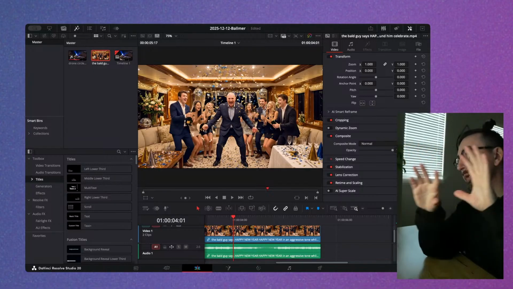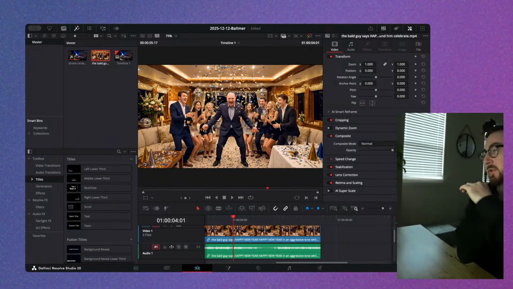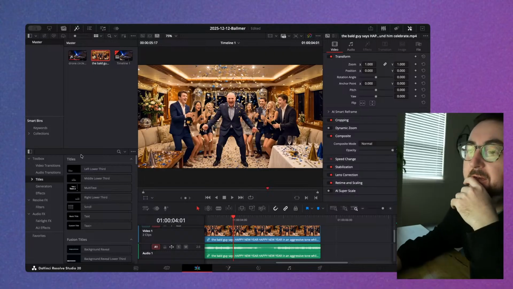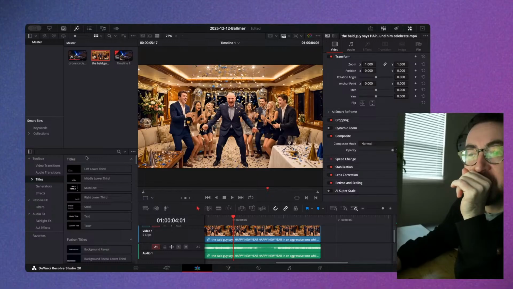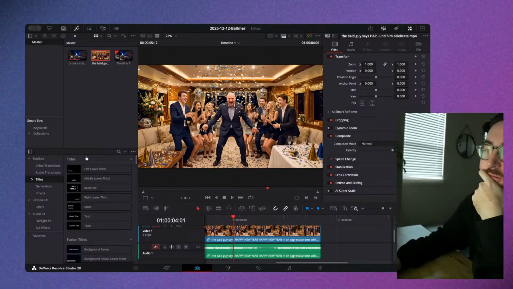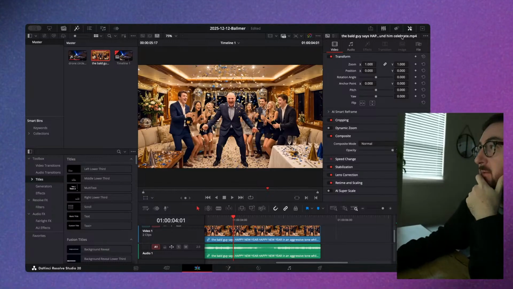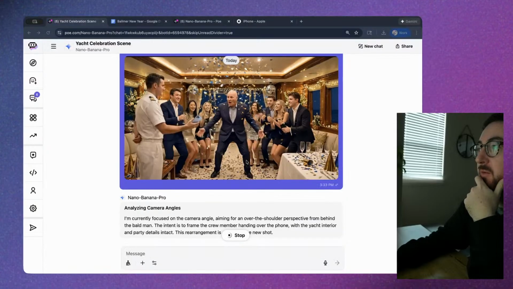Like in films, I noticed that there's always these shots that are sort of like over the shoulder, and that's what I'm trying to recreate here. And you do not see what I'm looking at.